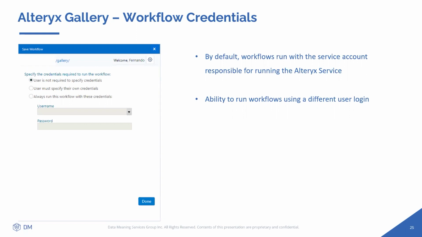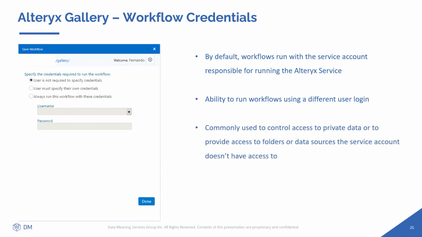And the idea here is that the workflow can impersonate a different user. Sometimes for compliance purposes, you are not able to do that in your company, and this is disabled, right? So the whole idea here is that it's used to control the access to private data or to folders or data sources the service account doesn't have access to.